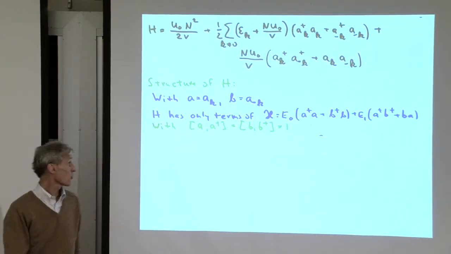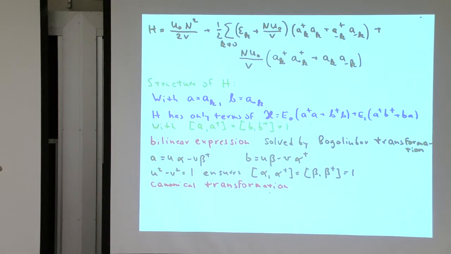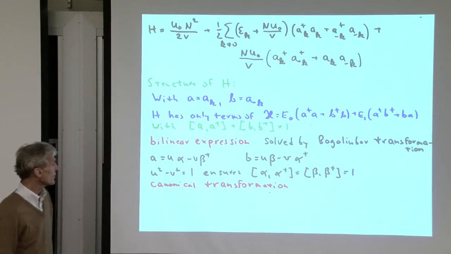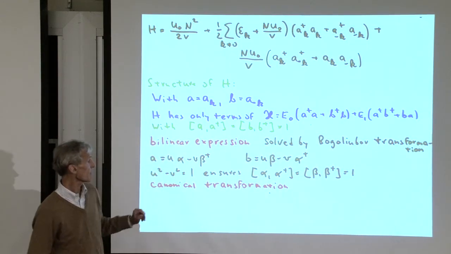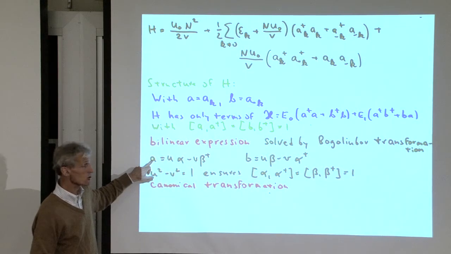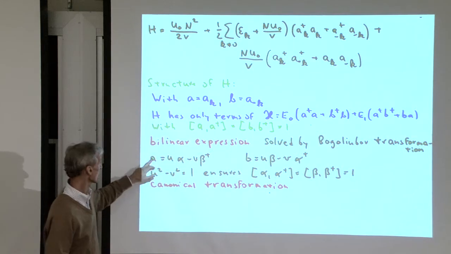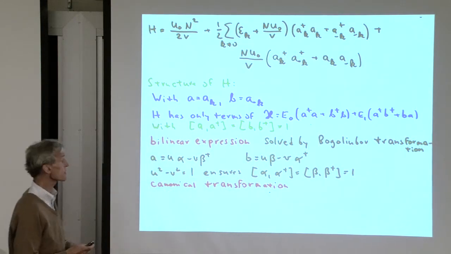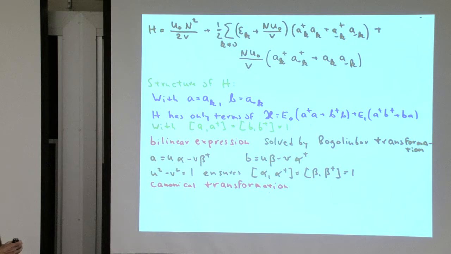So therefore, let's follow Bogoliubov and say that we introduce new operators, alpha and beta, and the alpha and beta operators are linear combinations of A and B, or vice versa, A and B are linear combinations of the new operators alpha and beta.